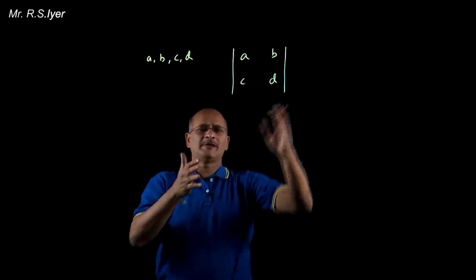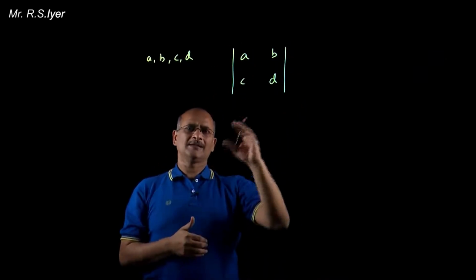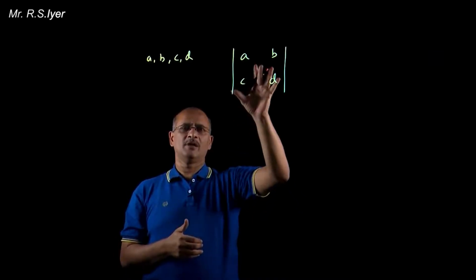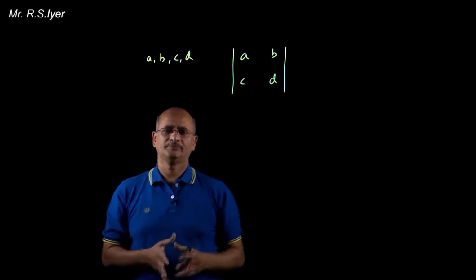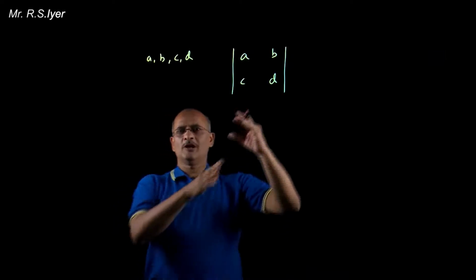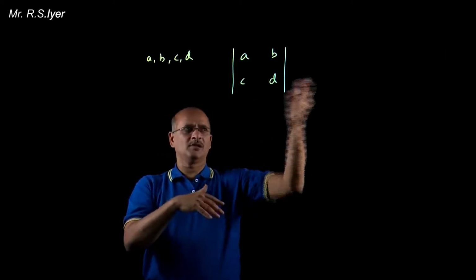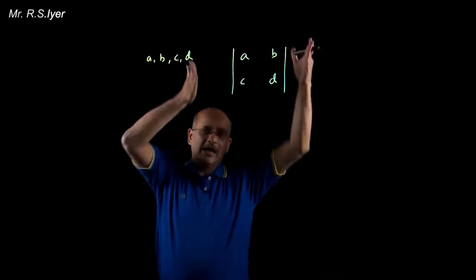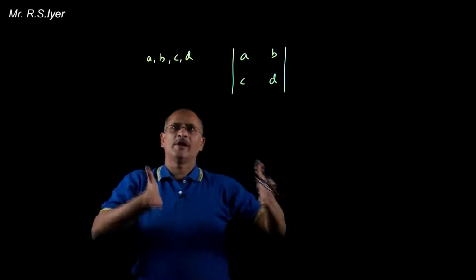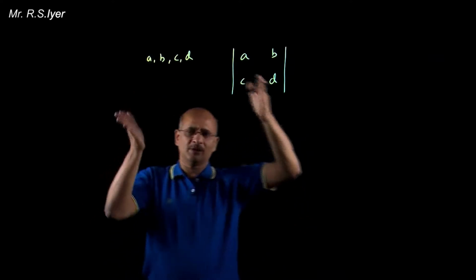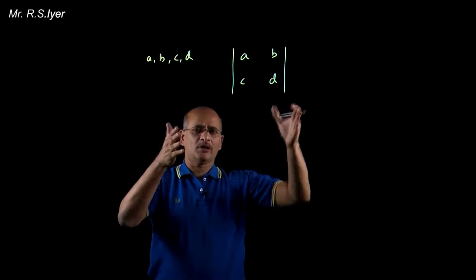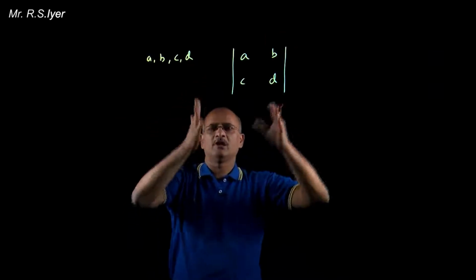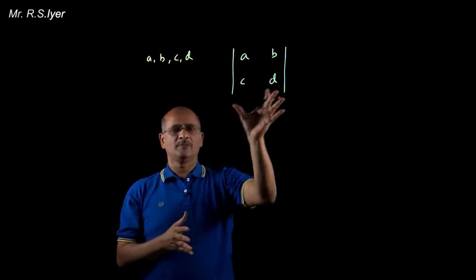This representation is nothing but a determinant of second order. Similarly, you have a determinant of third order also, A, B, C, D, E, F, G, H, I, in between vertical bars. So an arrangement of terms or numbers in rows and columns in between vertical bars forms the determinant.